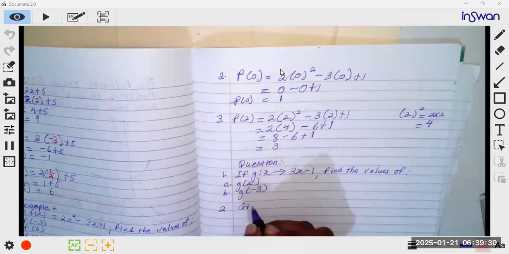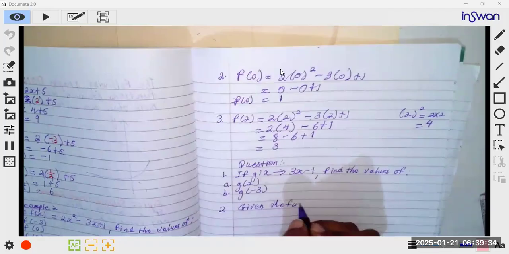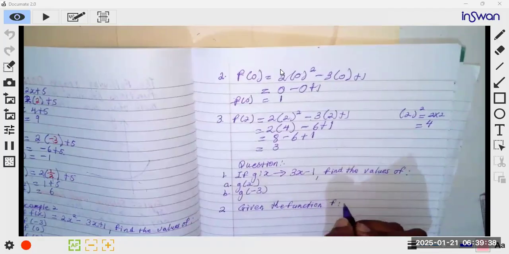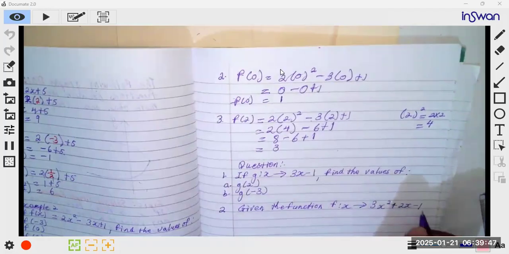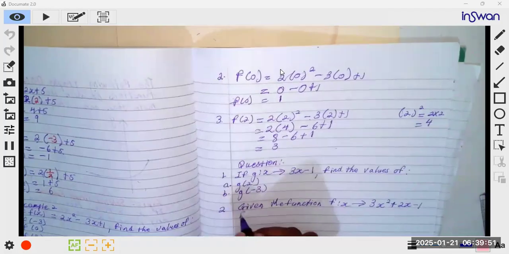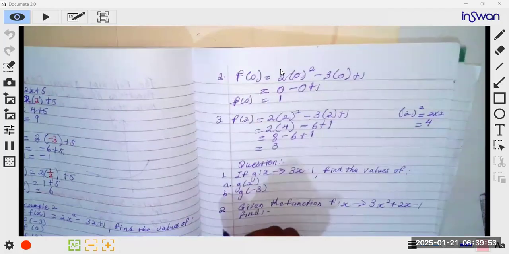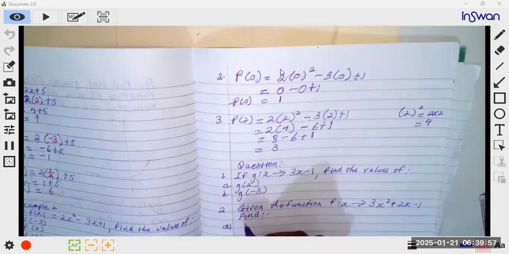Given the function f of x is mapped onto 3x squared plus 2x minus 1, find part A, f of 0.